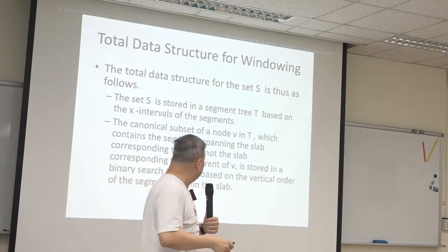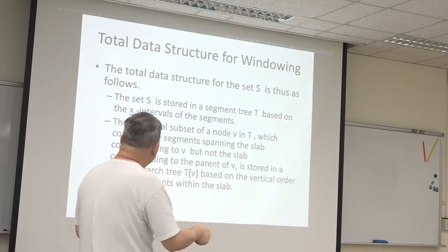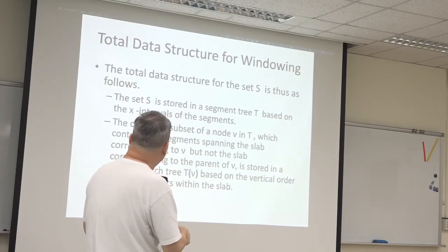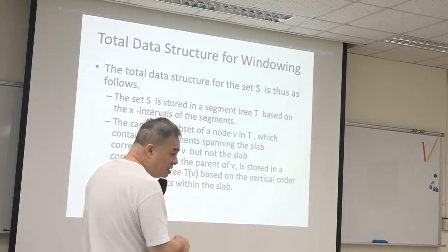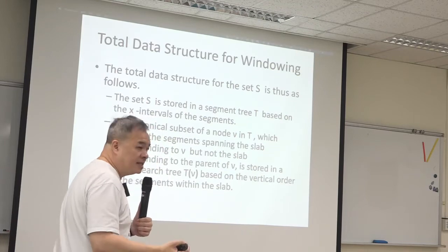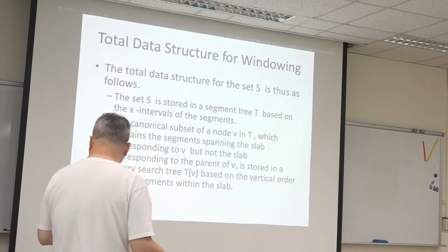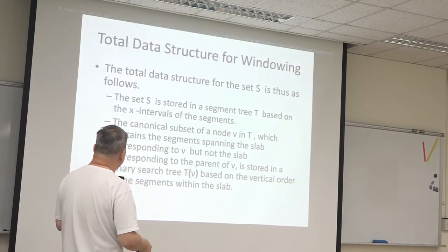So we first store these segments, based on the x interval of the segments, in a segment tree. We know we can do that, right? We know how to do that, and the complexity is not that expensive.